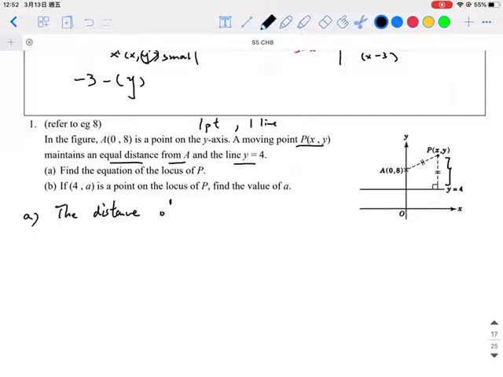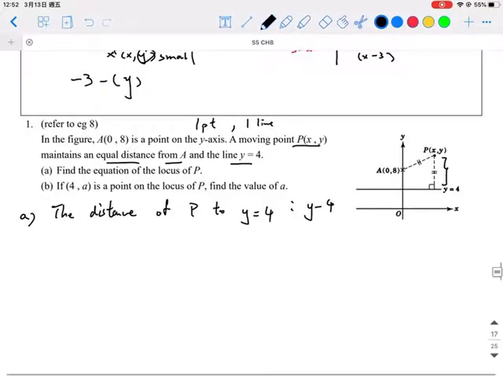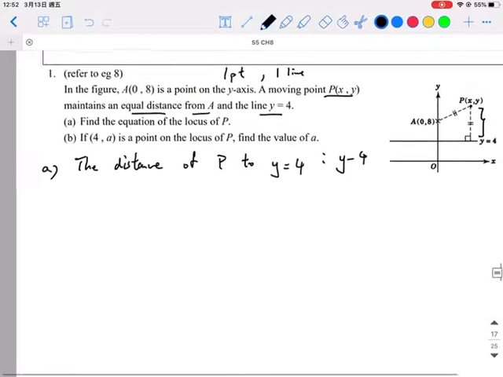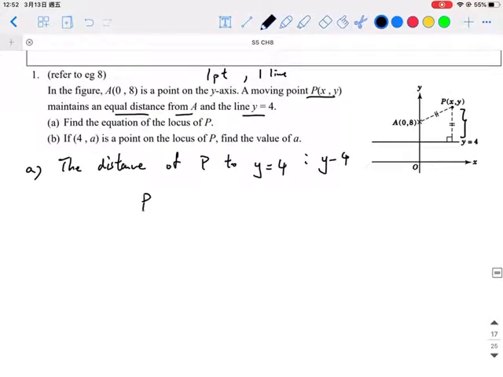The distance from P to y equal to 4 should be y minus 4, and then the equation of the locus should be PA equal to, because we maintain the equal distance, PA equal to the distance from the point to the line y equal to 4.